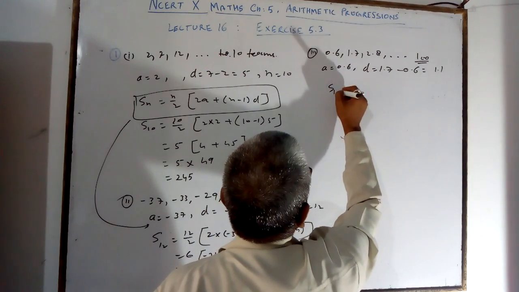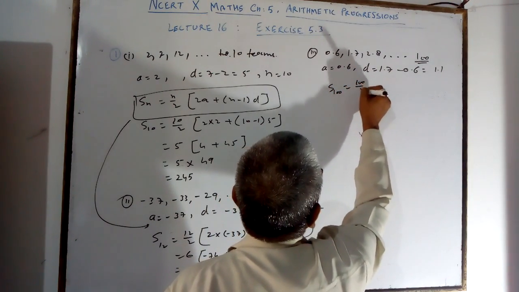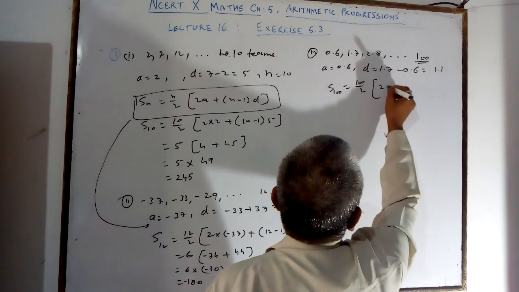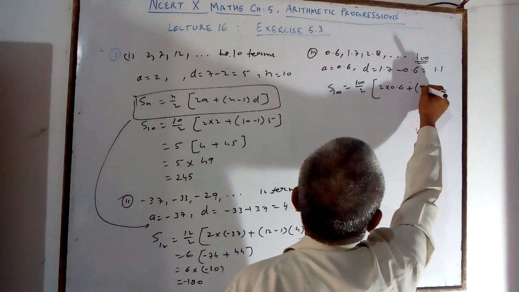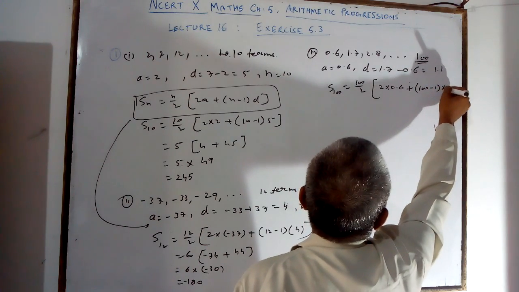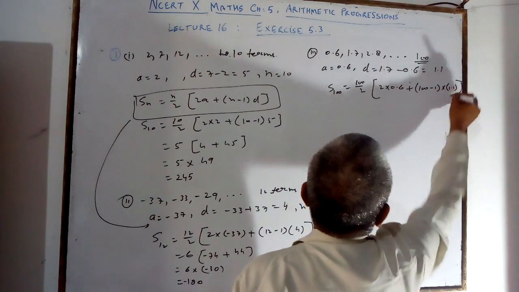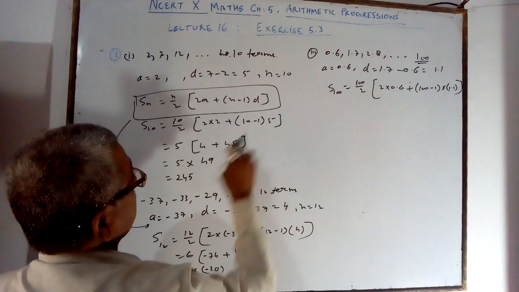So S100. S100 means 100 by 2 times (2 into 0.6 plus (100 minus 1) into 1.1). You will write the formula at this place.